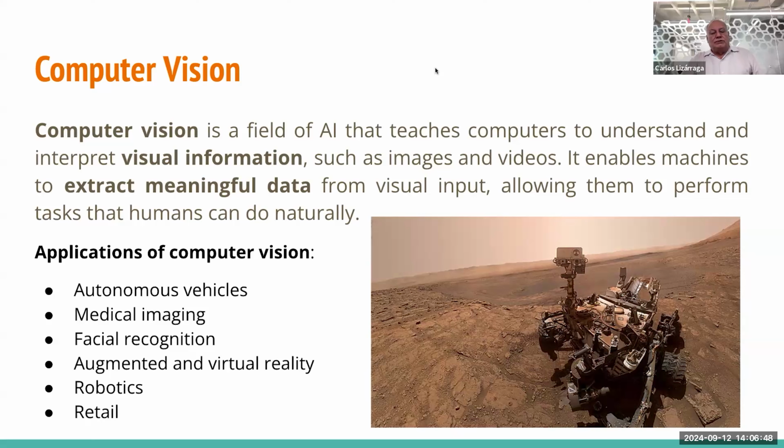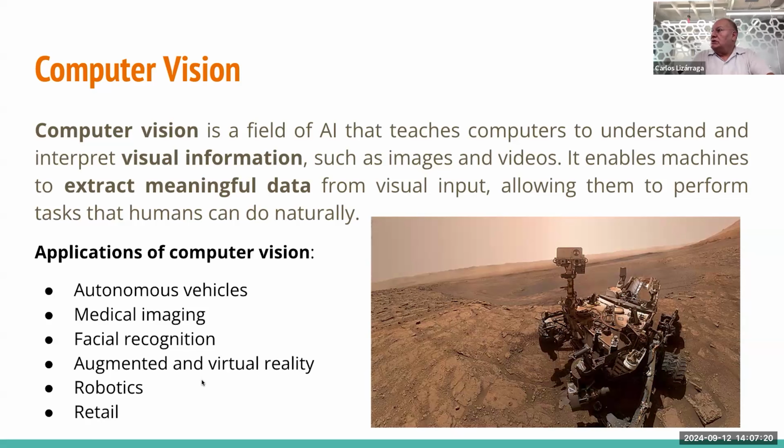Computer vision is also used in facial recognition. Now almost every phone has a facial recognition option, so you can log into your systems using facial recognition or go into a specific building. It has also been used in augmented and virtual reality, which involves a lot of computer graphics and trying to replicate the real world, creating digital twins.